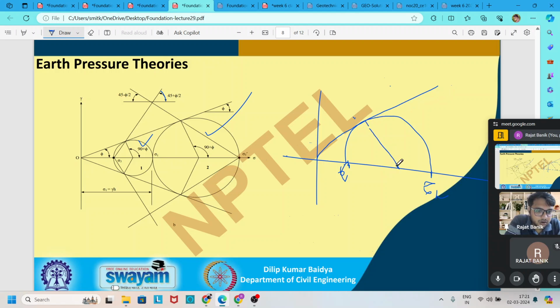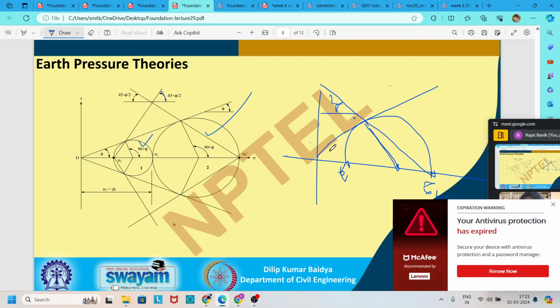Again, one line is drawn from the center of the Mohr circle, which intersects the tangent point, and we know that the failure surface is also taken from the horizontal earth pressure, which intersects the tangent point. Like this, and we find out this angle with respect to horizontal.